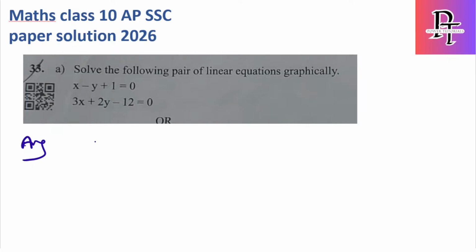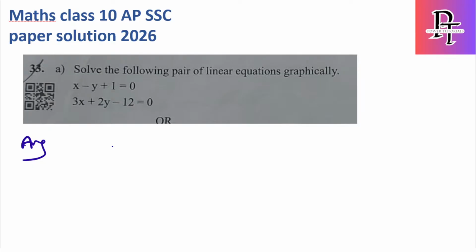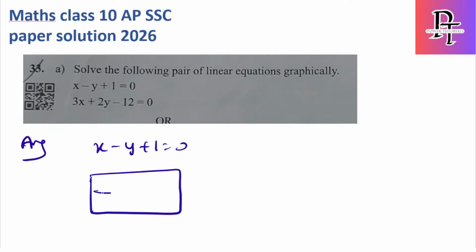Okay, how to plot it, I will also help you, because I have pasted a graph sheet in my slide so that I can use it. For that we have to get two points first, then only you can plot it. So for the first equation, x minus y plus 1 is equal to 0, I will get two points first. The easy trick: keep x as 0.